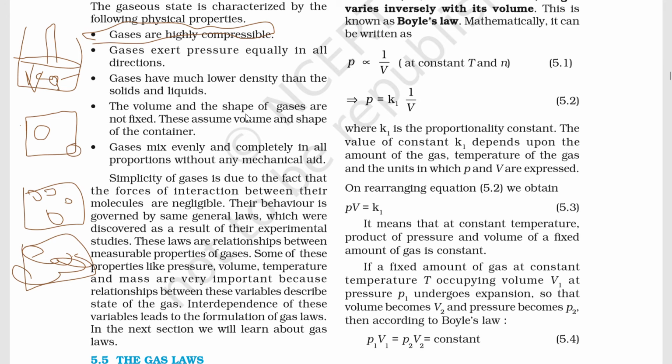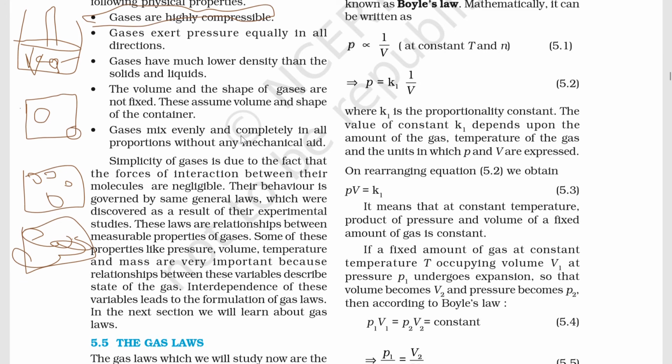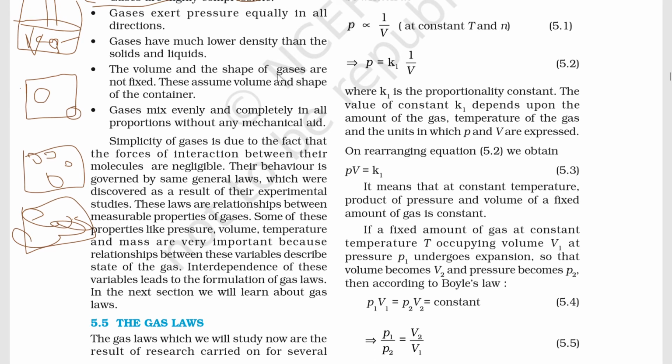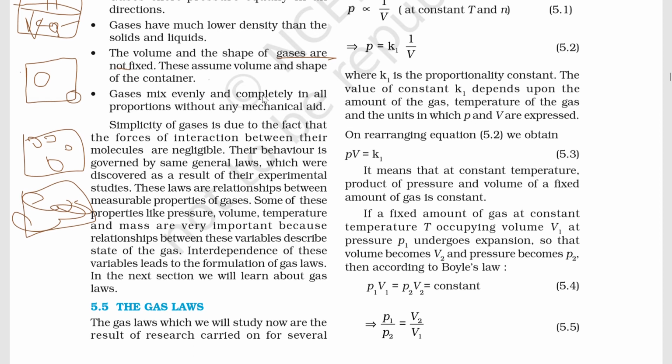Now, the volume and shape of gases are not fixed. Gases have no shape, and since they are compressible, they have no fixed volume. Gases mix evenly and completely in all proportions without any mechanical aid.